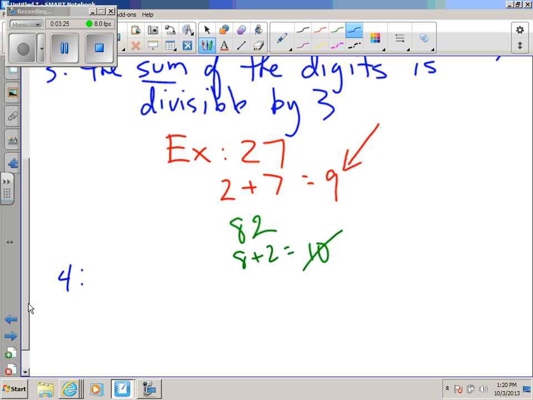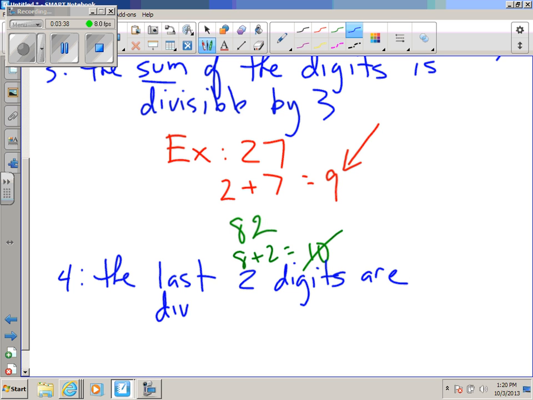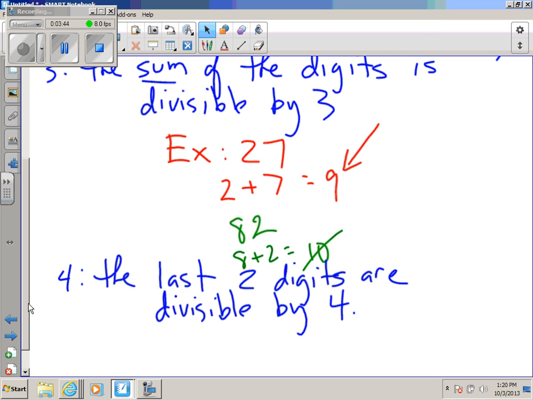A number is divisible by 4 if the last 2 digits are divisible by 4, so is that number.